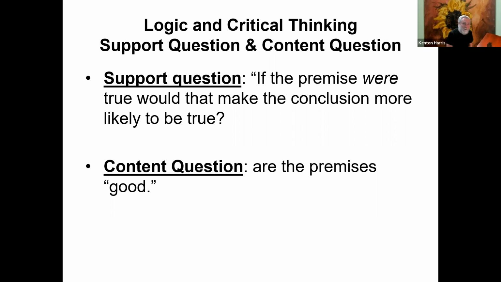So in a well-formed deductive argument, if the premises were true, the conclusion would have a probability of 1, would be absolutely certain. In an inductive argument, the conclusion wouldn't have a probability of 1. It wouldn't be absolutely certain. But if it's a good inductive argument, a strong inductive argument, then it should at least raise the probability of the conclusion. Okay.